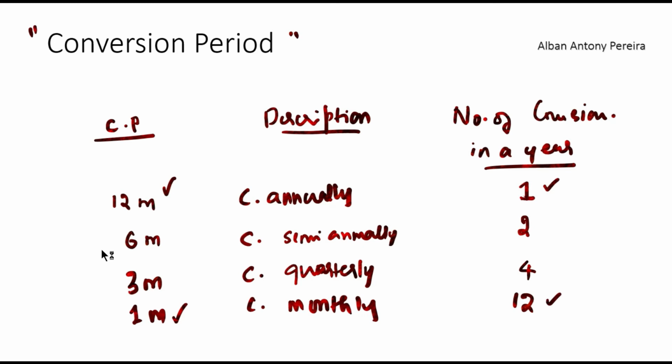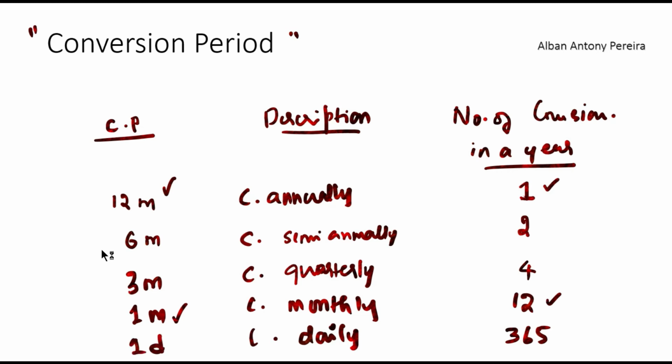Just there is only changes in months, and here only changes in number of conversions, but once again it has repeated vice versa. And lastly you have compounded daily. Compounded daily. So 365 times days, one day comes in a year, right? 365 times number of conversions, and it is 1 day.